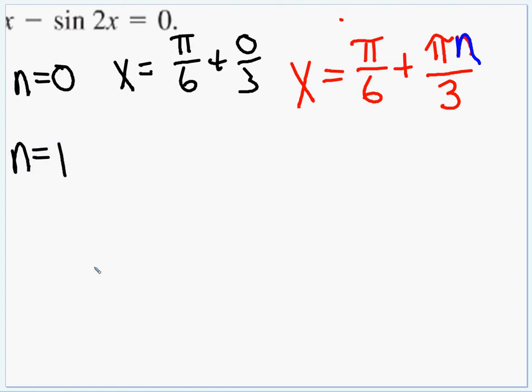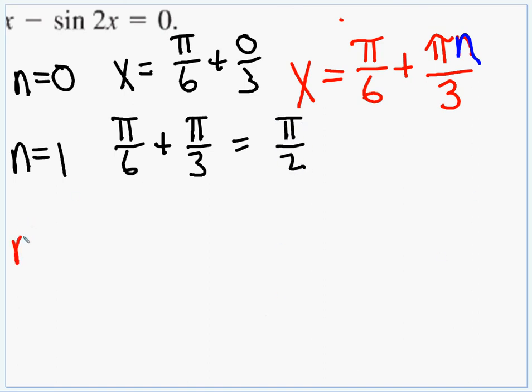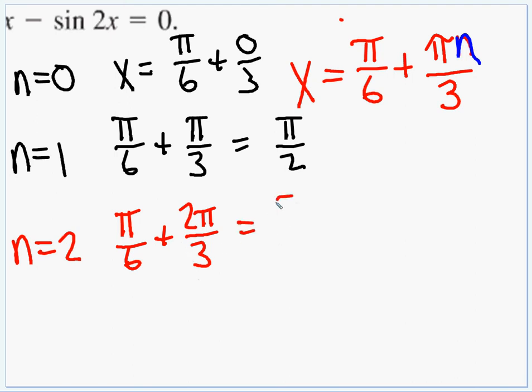If n is equal to 1, we get pi over 6 plus pi over 3, and that is equal to 1/6 plus 2/6, which is 3/6 pi, or pi over 2. If n is replaced with a 2, we get pi over 6 plus 2 pi over 3. 1/6 plus 2/3 is 5/6 pi.